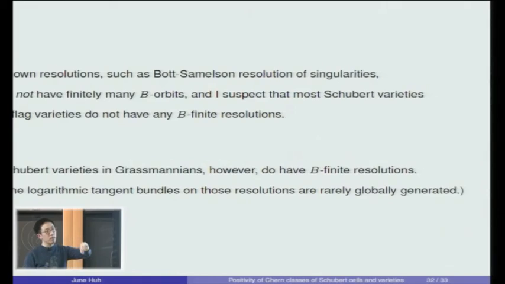But the point is that if you look at the tangent space at this B fixed point, then our group B acts on this vector space, and that action may have infinitely many B orbits. So if you blow up this singular point, all these infinitely many, infinitely near orbits spread out and show up in your resolution. And it shows that, at least in this choice of resolution of singularities, you cannot achieve finitely many B orbits upstairs. For some mysterious reason, you could avoid that for Schubert varieties in Grassmannians.